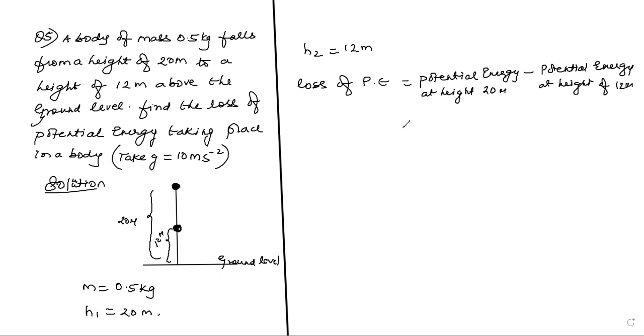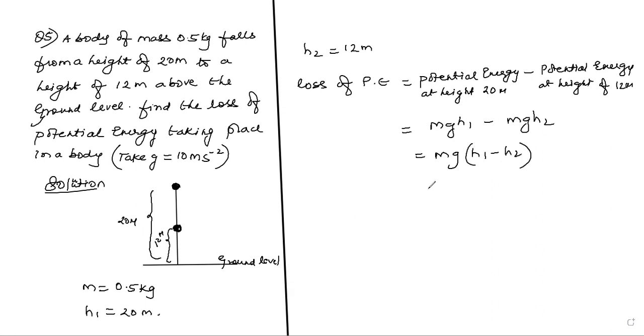The potential energy formula is mgh. So mgh1 minus mgh2. What is common, children? mg into (h1 minus h2).